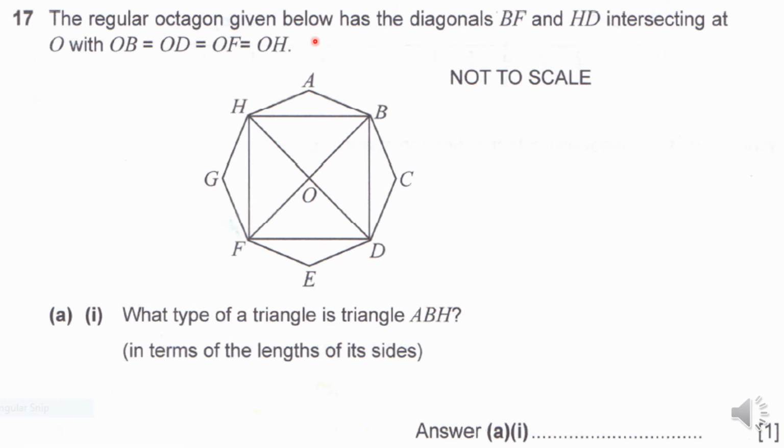Right, so you have got a regular octagon given that has got diagonals BF, as you can see, and also diagonals HD, as you can see, intersecting at O. OB, OD, OF, OH are all equal, they are radii. What type of triangle is triangle ABH? ABH is nothing but isosceles.